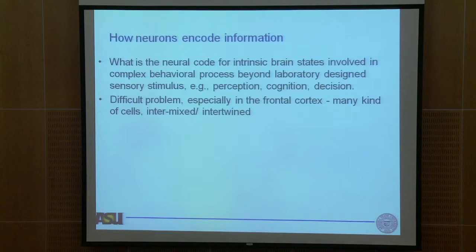But how do neurons encode information when it comes to intrinsic brain states? By intrinsic brain states, we mean the thought process, for example. You try to explore the environment, and you try to learn to do something. When you try to drive and steer your car, at a certain point you feel like you need to speed up.